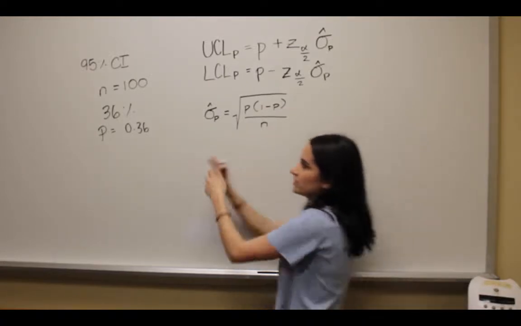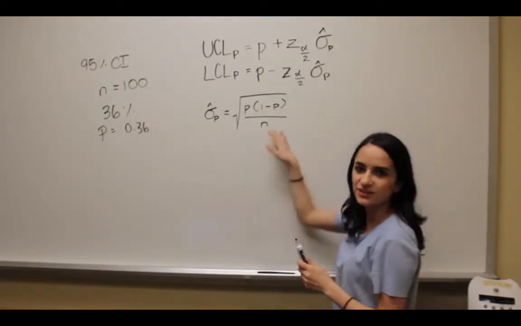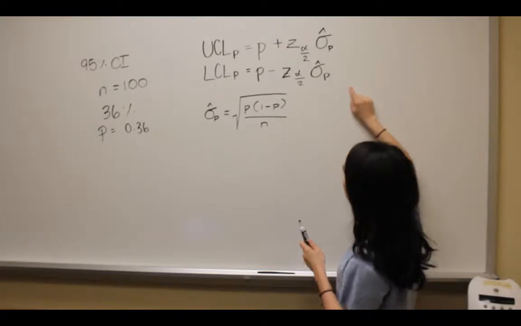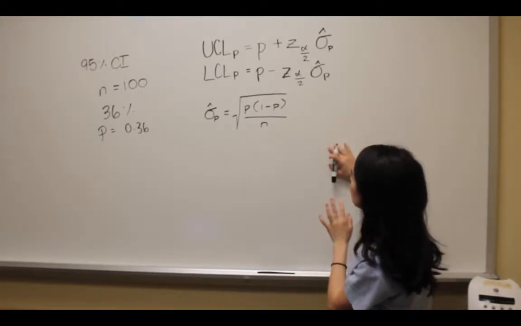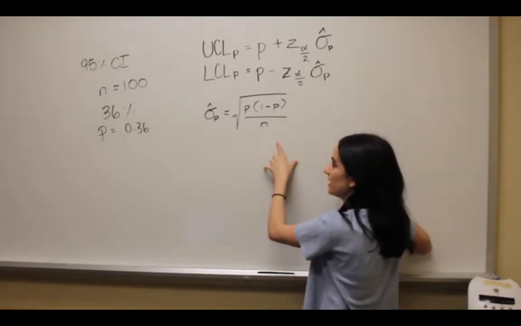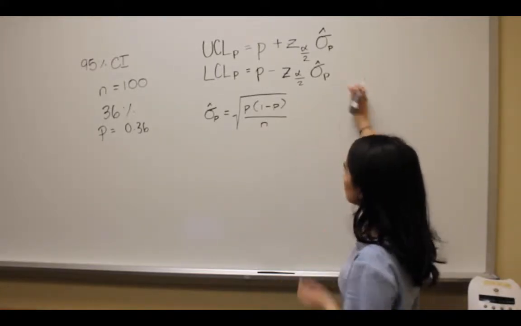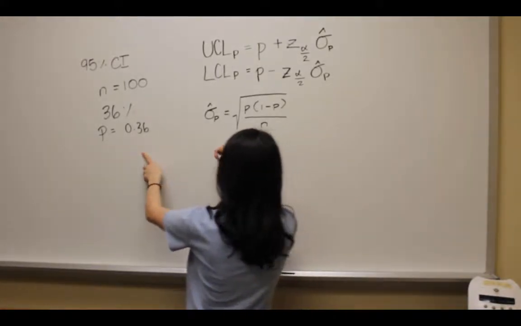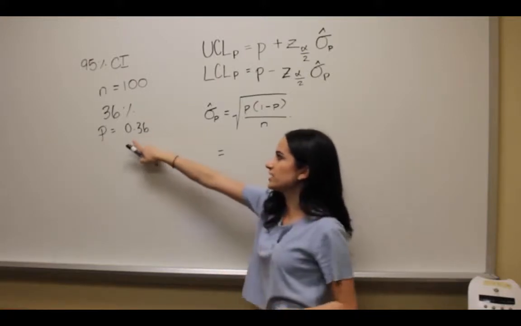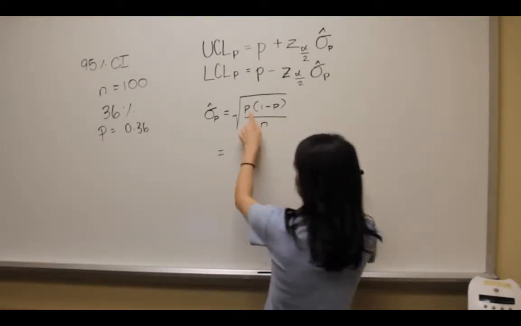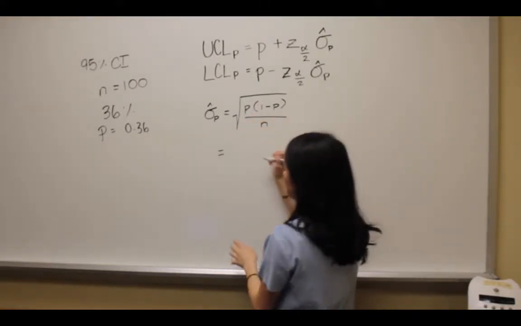So now all you're going to do is plug in these values to figure out the rest of this equation. So first we can solve for standard error, because you'll need that for both of these equations. So we come back to the problem and we realize that the proportion is 0.36. So we plug that in for this p-value in both of these scenarios.